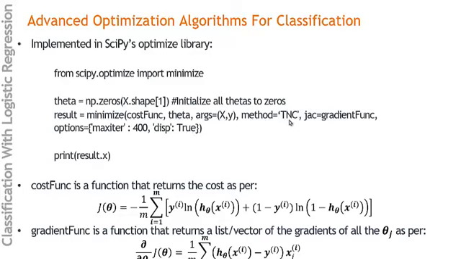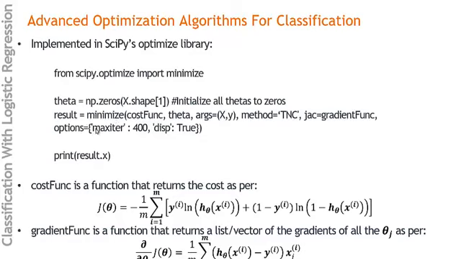Now the method TNC, you would have to look up what this is. TNC requires a gradient function, which is the derivative of the cost function. And in our case, we do know the derivative. So we would also need to define this gradient function as a function of theta, and define that in my program before I call minimize.